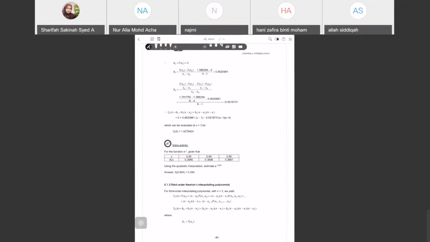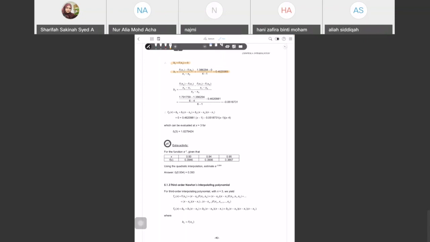Okay, so this is how they do the calculation. Actually behind here they have the process, so maybe I can just explain again. First of all, calculate your b0, meaning that you can just get the answer, because b0 is equal to f(x0), which is equal to 0. And then secondly, calculate your b1. I try to show you the process one by one. And then next, calculate b2.